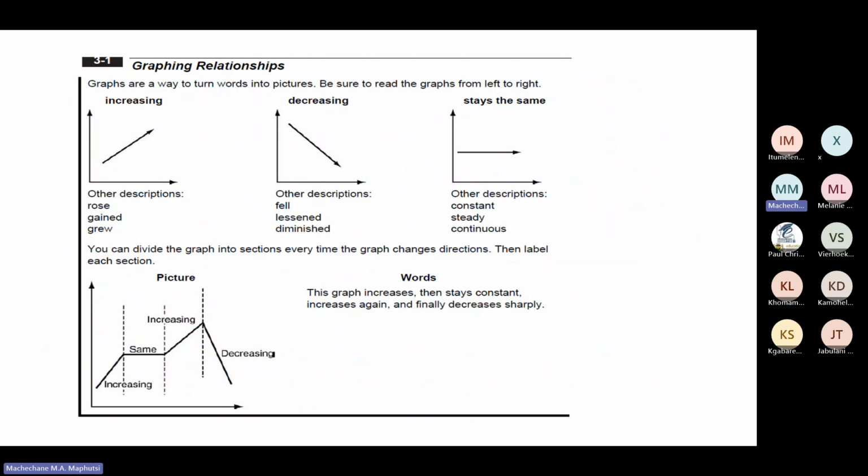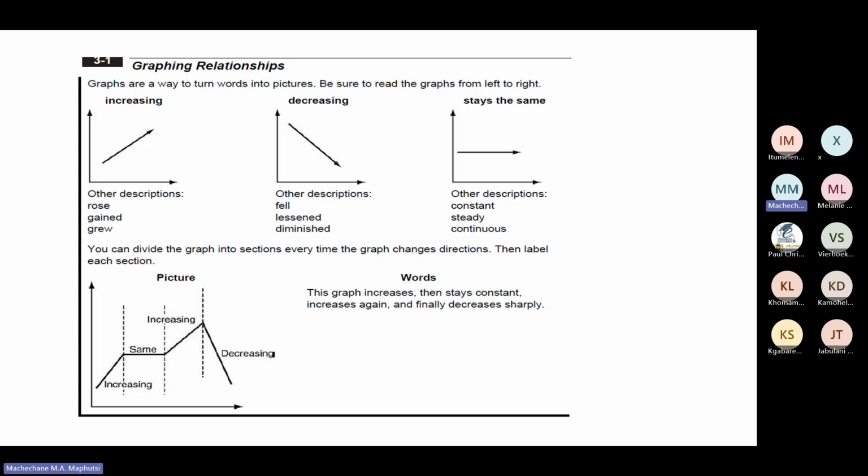So now let us look at the relationships. Graphs are the way to turn words into pictures. So now let us look at what we see here. We have to be sure to read the graphs from left to right, meaning that whatever you see, you have to read it from left to right. So let us start with the first diagram. As you can see, there is a line.